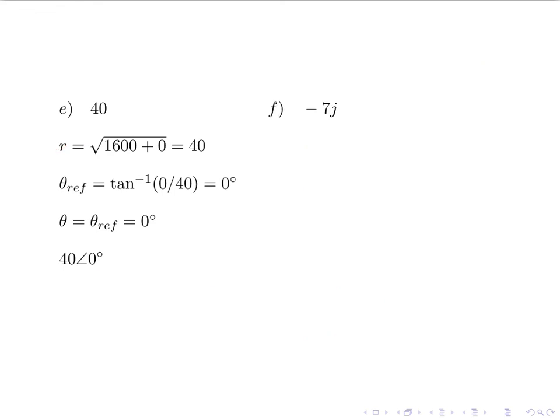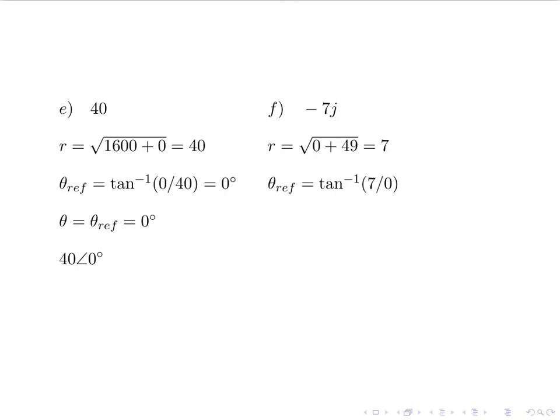How about negative 7j? So here my a is 0, and r is the square root of 0 plus 49. Square root of 49 is 7. The reference angle would be tan inverse of 7 over 0, which is undefined, and you can't really plug that into your calculator.